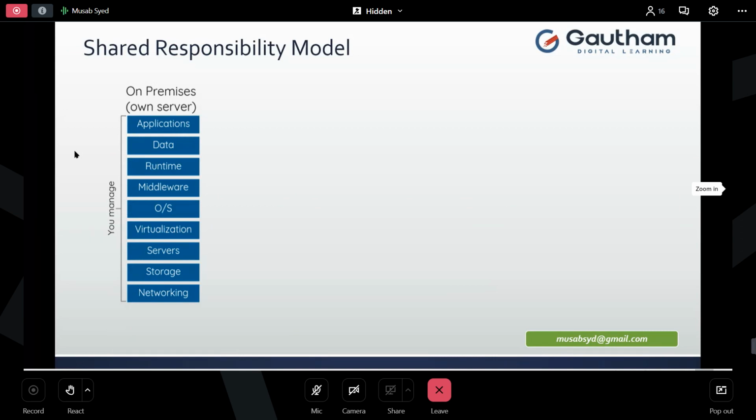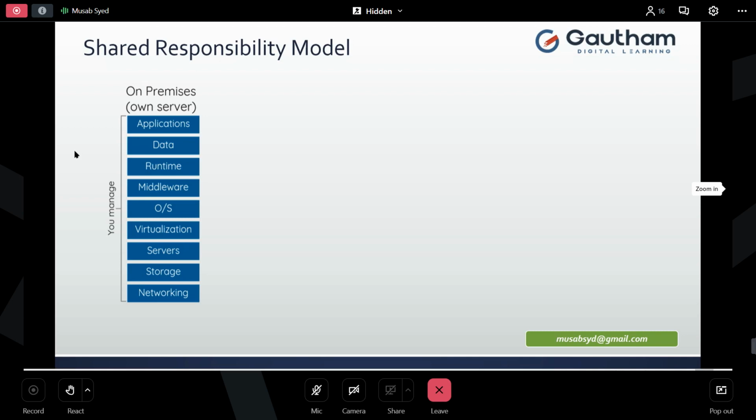This is called the building block model. Here, every block is a responsibility. If you maintain an on-premise data center, networking, you have to manage. Storage, hard disks and all, you have to manage. Servers, you have to manage. Virtualization, licensing, software, everything you have to manage. Operating system, licensing, everything you have to manage.